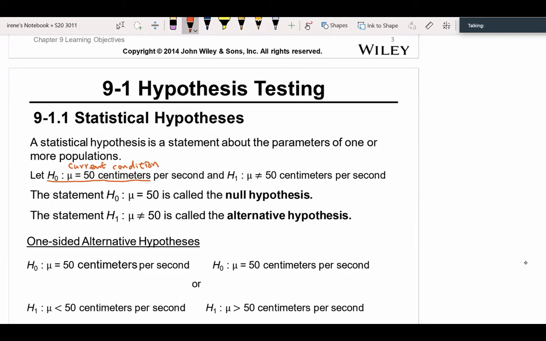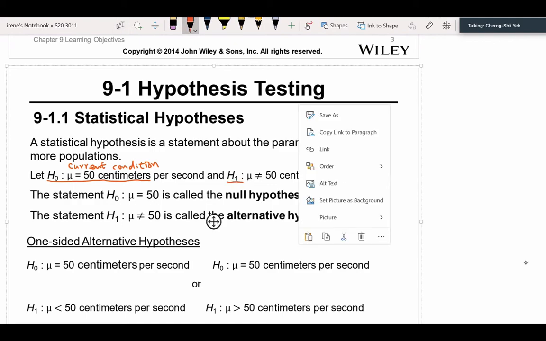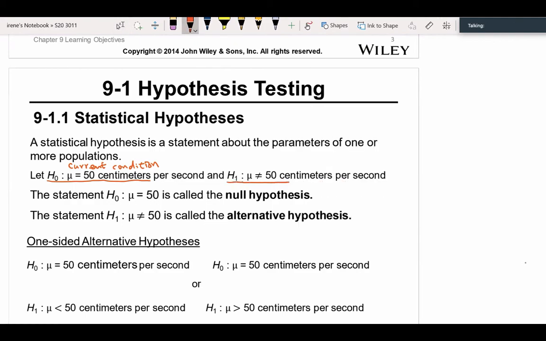Every time you're suspecting something or you're trying to make an improvement and change your current population mean, then this is what we're trying to find out. This is what we're trying to prove. So let's say if the new mixture comes in, it doesn't change our process at all, our conclusion will be H naught.